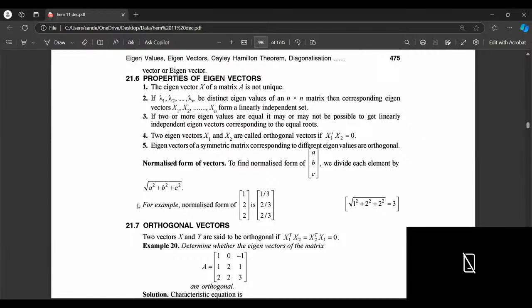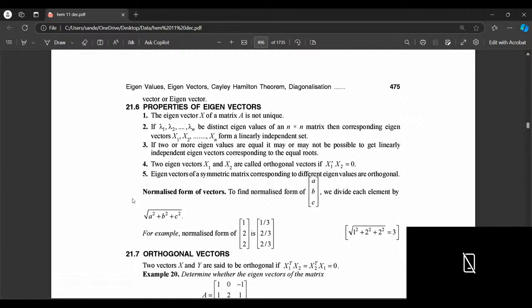Hello, we start now. Yesterday we studied how to find the eigenvalues. Then we saw some properties of eigenvalues.